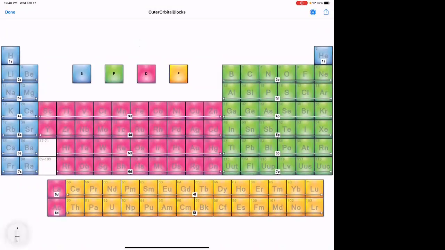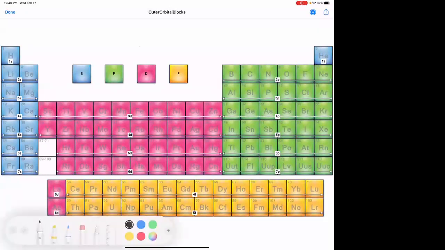But anyway, look at the first column where the hydrogen is. That's going to be column 1A. Look over to beryllium. That's going to be 2A. Those are my main group elements. Remember the pink ones in the middle? Those are the transition metals.